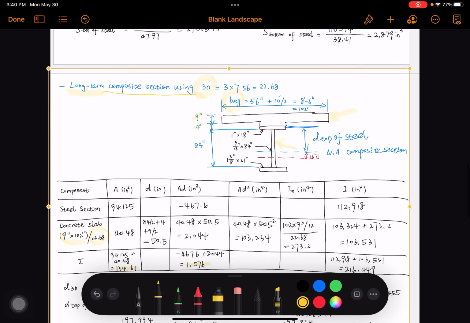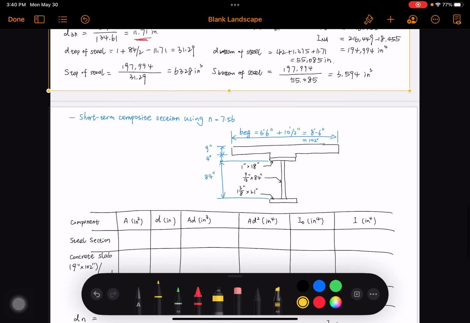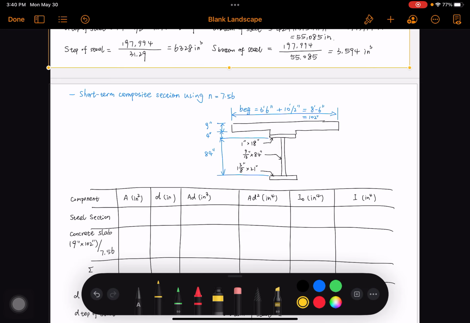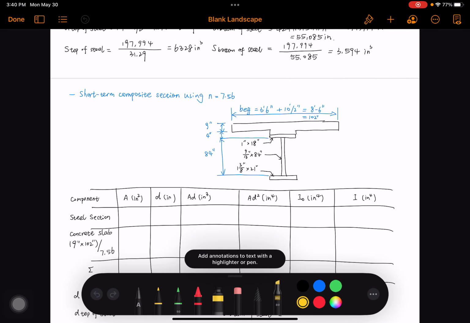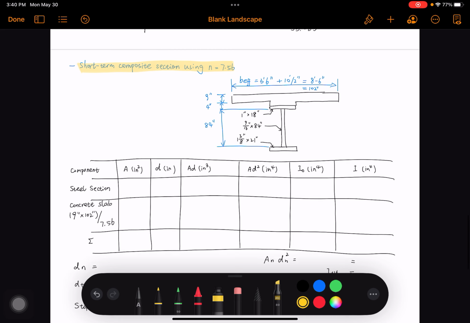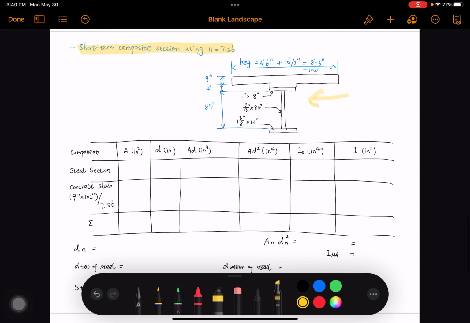Now let's move on to the last part: the short-term composite section modulus using N equal to 7.56. The cross-sectional sketch is the same as the long-term one. The only difference between the long-term and short-term composite section calculation is the 3N versus N for the short-term.